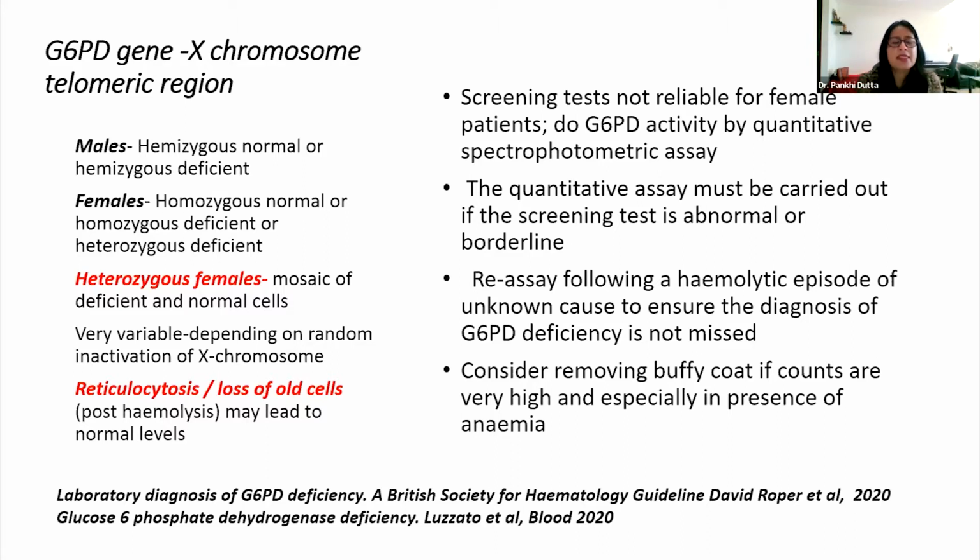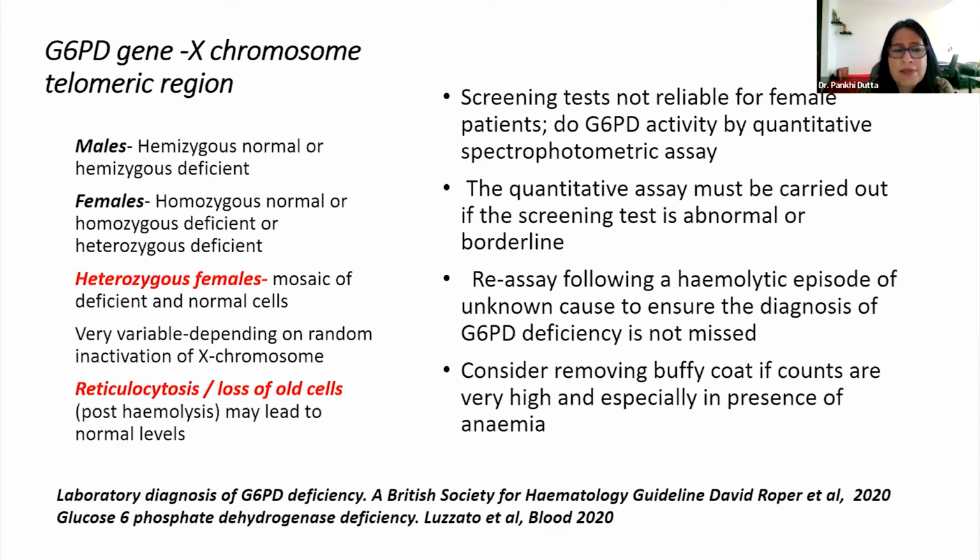Now, the problem is that in heterozygous deficient females, you expect the cells to have 50% G6PD activity. But because of the phenomenon called lyonization, or random inactivation of an X chromosome, it's very random. We cannot say how many of the cells have inactivated the X chromosome.